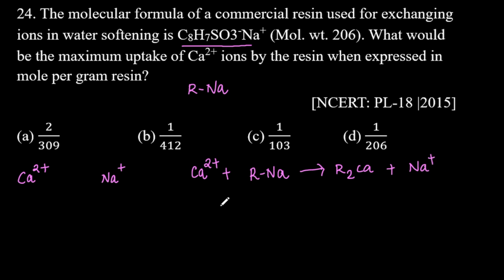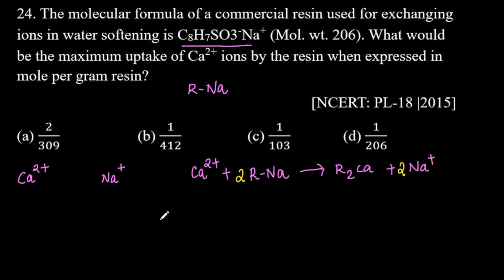Now if we balance this equation, R2 is present in the product side, so here you have to write 2 RNa. To balance the number of sodium atoms, you have to write in the product side 2 Na+.